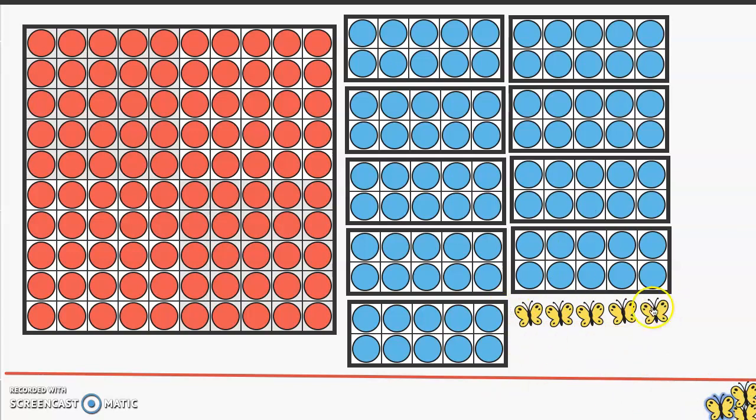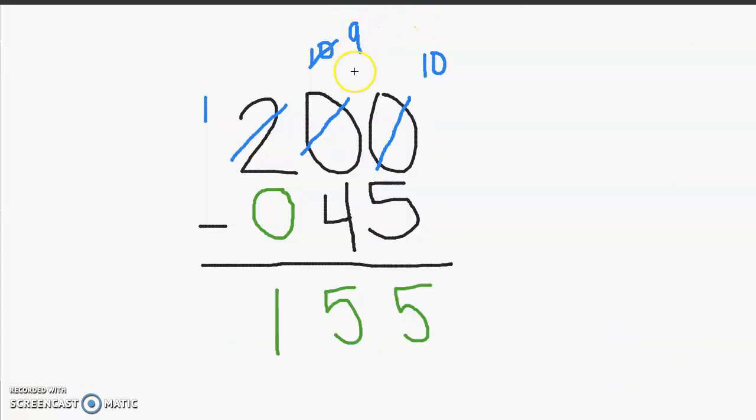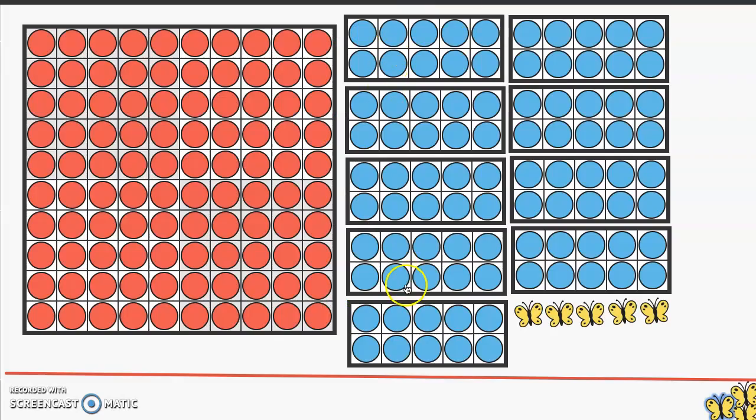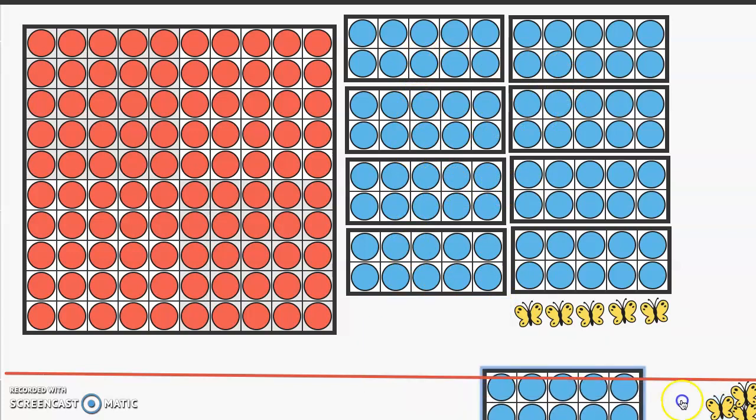And notice it was 10 here, so 10 minus 5. And then we go to the 9 tens minus 4 tens. And there are 9 tens here, 1, 2, 3, 4, 5, 6, 7, 8, 9. And then we would take away 4.